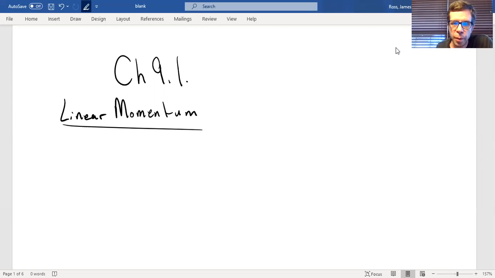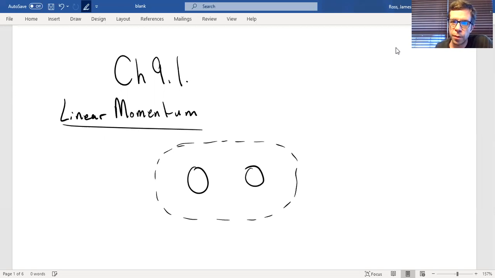All right, so we've talked about systems that contain multiple objects. And here I've denoted the system boundary, and the two objects inside are part of the system.